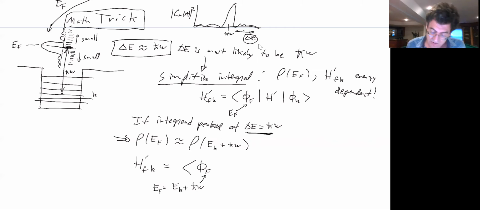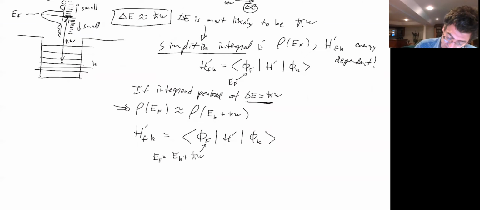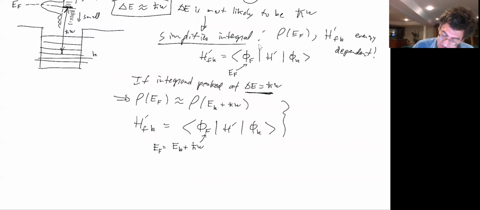So I only have to worry about one particular energy for calculating that matrix element. That means they're not energy dependent anymore, so I can pull these factors out of the integral.